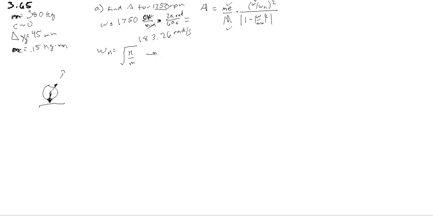So the way he has omega n figured is g over this, which in my case I have as delta YG, because it's a change in vertical position due to gravity.